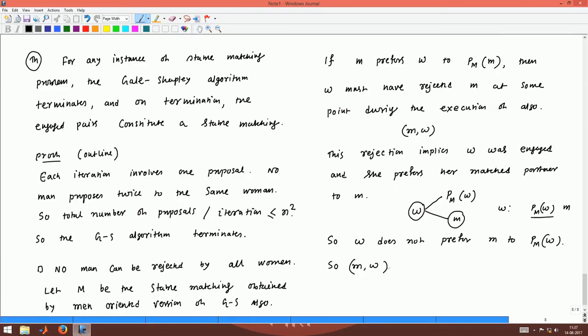Thus, M, the set of engaged pairs that the Gale-Shapley algorithm returns, is a stable matching.